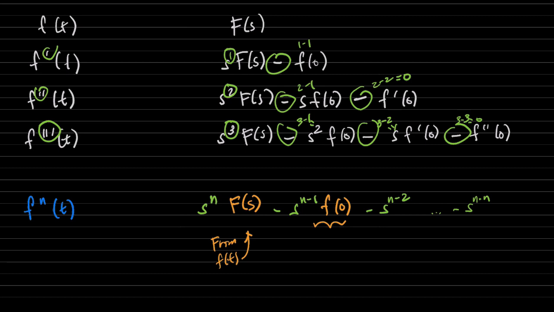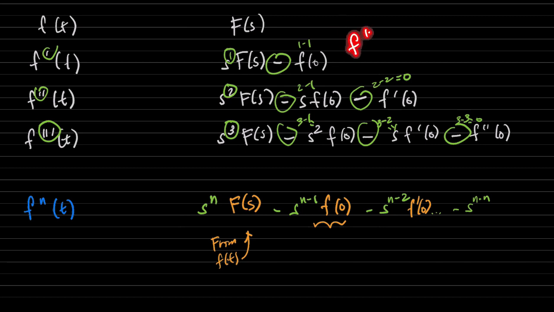So ang susunod sa kanya ay f prime of 0 lang, no. So f prime of 0, and then sa pinakadulo yung n minus 1 na degree ng derivative na na-transform natin. So for example, dito sa unang term, focus muna tayo dito. Yung n natin dito is 1, and yung final term natin dito ay basically 1 minus 1.